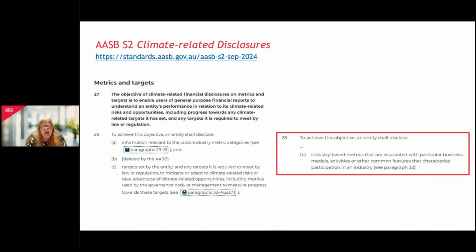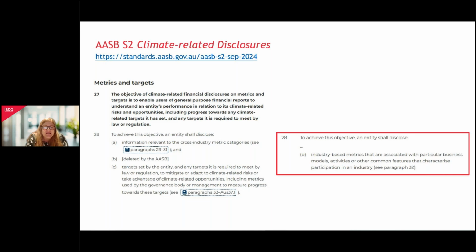So if you look at the objective across metrics and targets, if we go back to paragraph 27, the objective of climate-related financial disclosures on metrics and targets is to enable users of these general purpose financial reports to understand an entity's performance in relation to its climate-related risks and opportunities, including progress towards any targets it has set and any target it is required to meet by law or regulation.